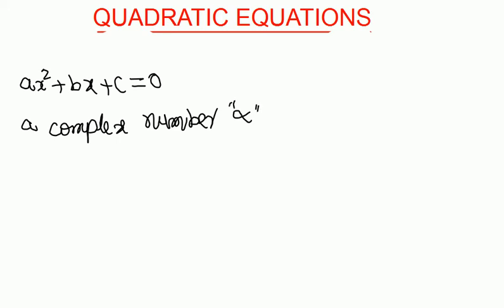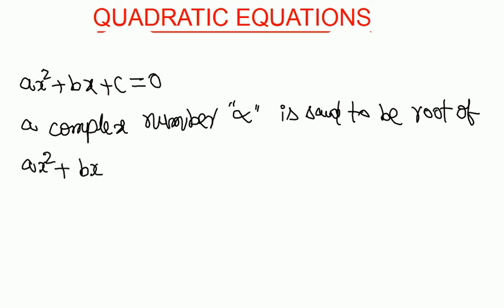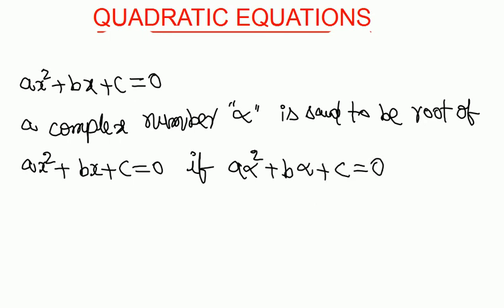A complex number alpha is said to be a root of the above quadratic equation, a root of ax square plus bx plus c is equal to 0, if a into alpha square plus b into alpha plus c is equal to 0. Then we call alpha a root of that quadratic equation.